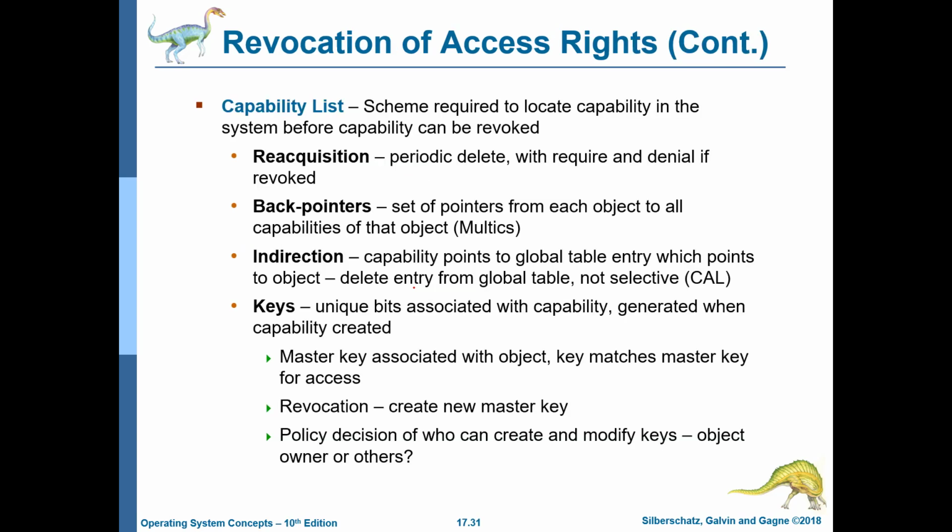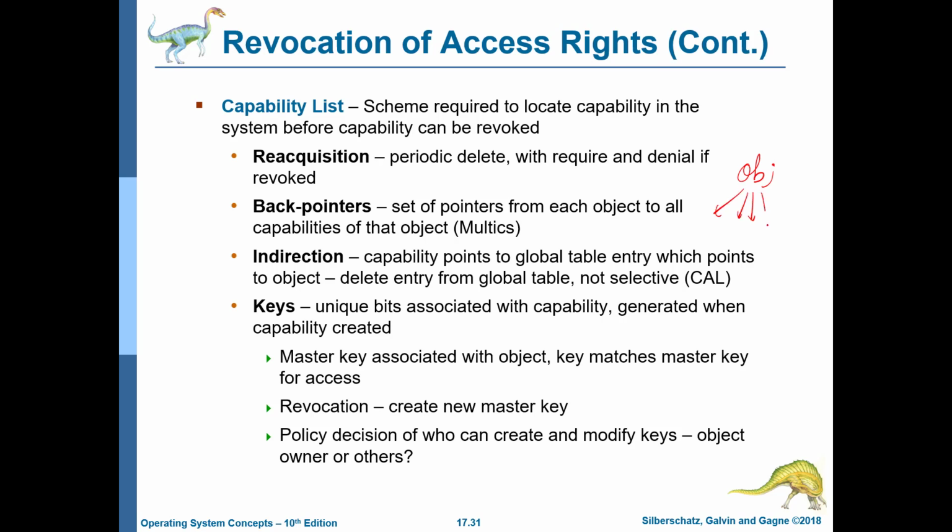In the capability list scheme, revoking a permission is quite hard because we will need to check everything, check the capability lists of all the processes, right, or all the domains. Domain is a more generic term here. So of course we can periodically delete, okay, then we can have back pointers in the sense that we can have a pointer, let's say, from the object to all the capabilities of the object.